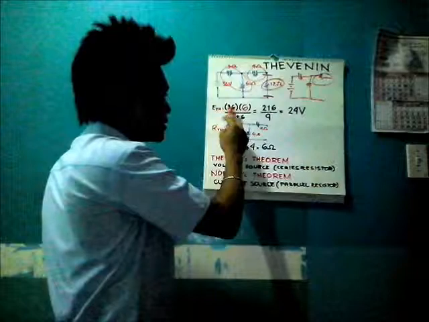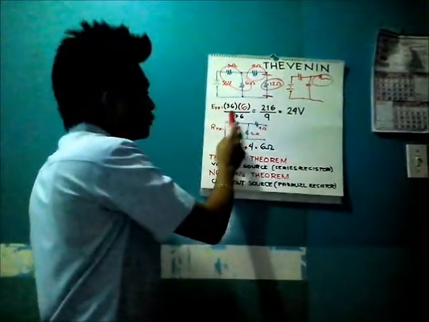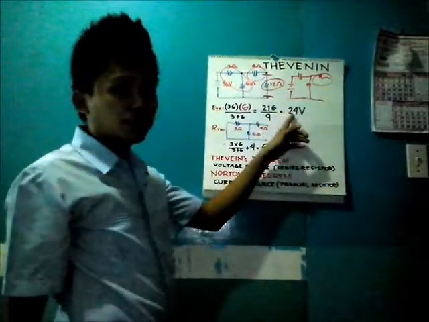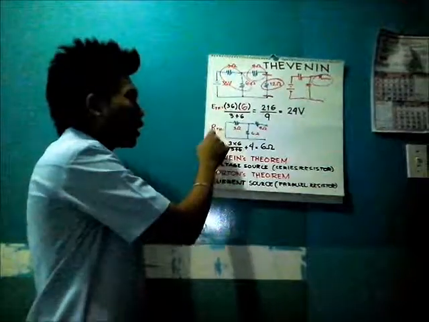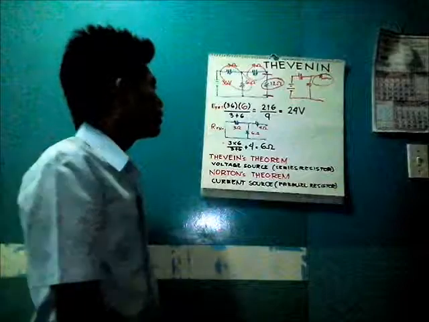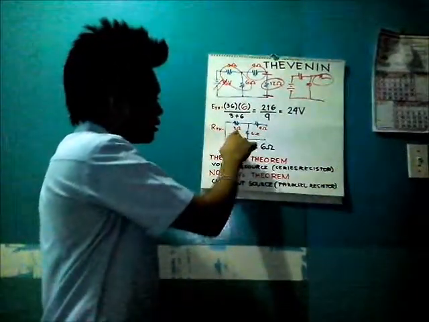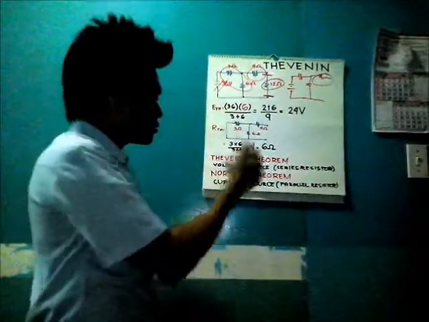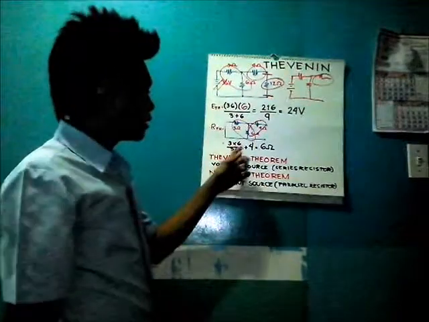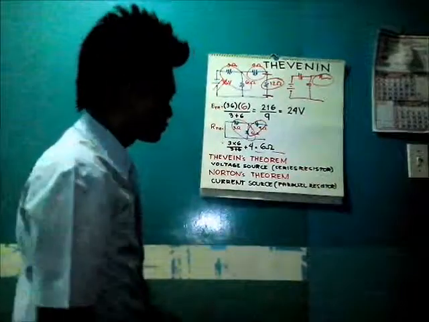So we have 36 times 6 is equal to 216, over 3 plus 6, which is 9. 216 over 9 will be 24. So our RTH, or resistance Thevenin, will be: remove this, 3, 6, and 4. Parallel, then series this. 3 times 6 over 3 plus 6, plus 4, will be 6.